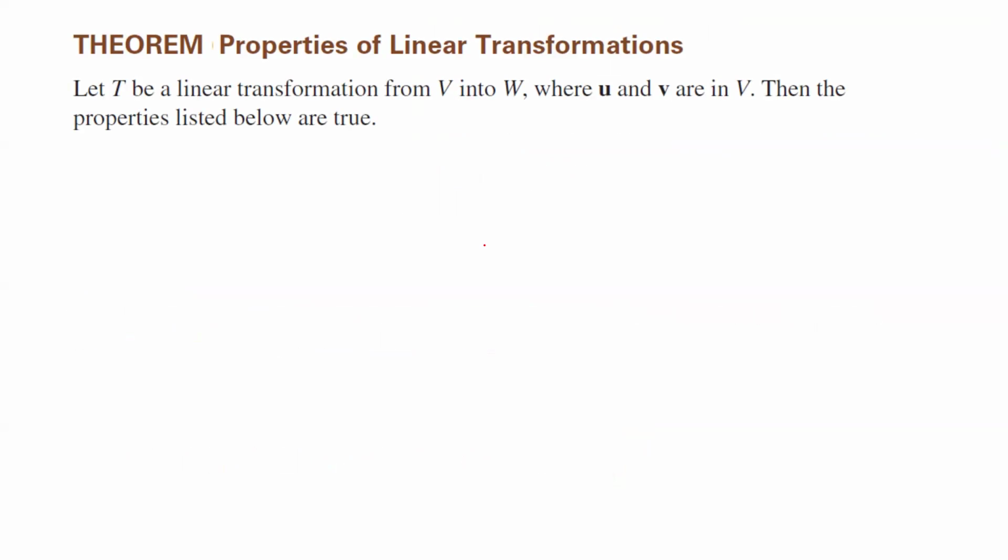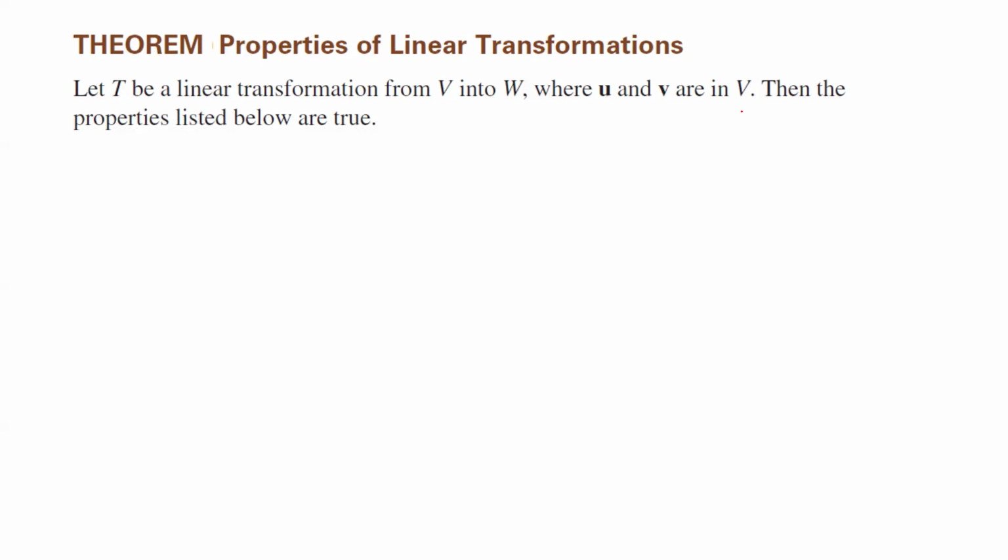We have a nice theorem. This theorem lists nice properties of linear transformations for us. Suppose T is a linear transformation from vector space V into vector space W. Suppose we take two vectors from the domain.